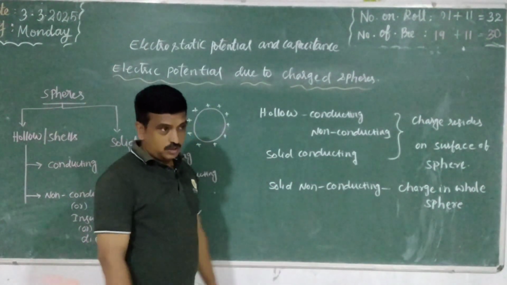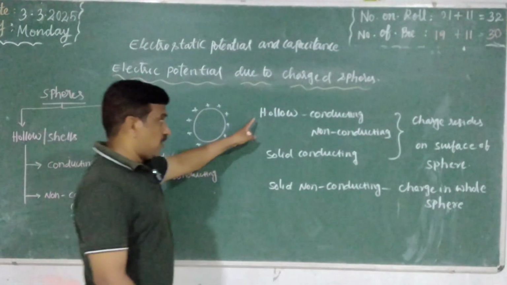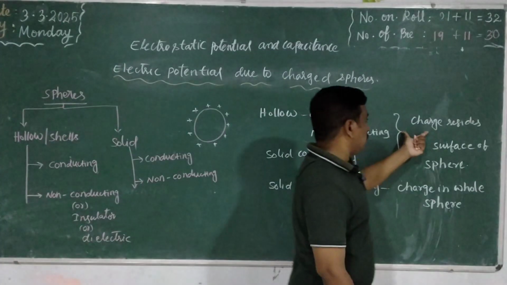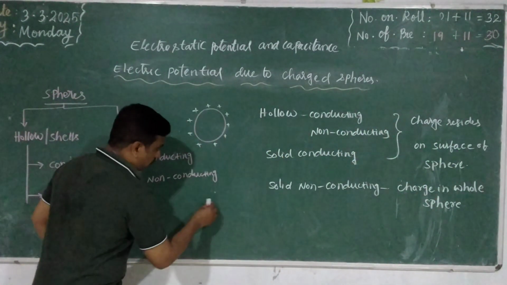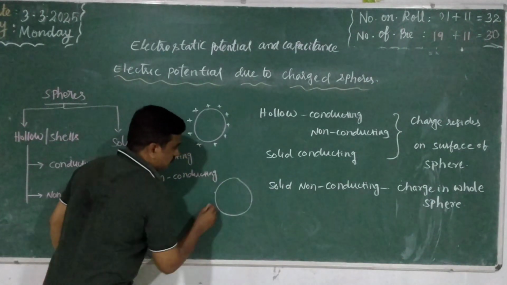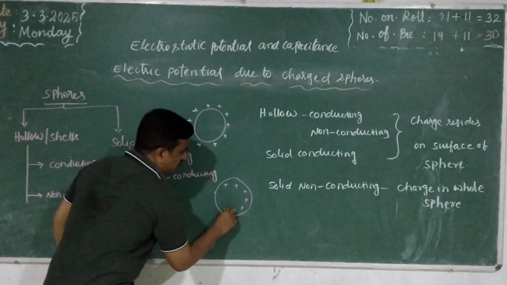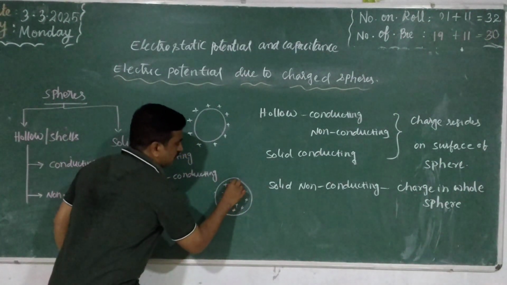In solid non-conducting, the charge is inside, throughout the whole sphere, distributed over the total volume. But in hollow conducting and non-conducting and solid conducting spheres, the charge resides on the surface of the sphere.